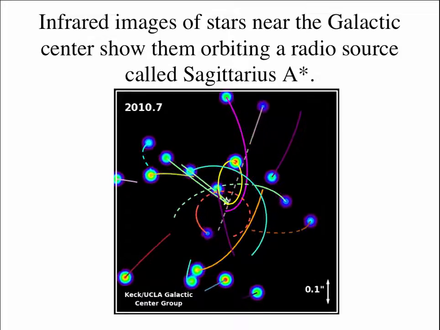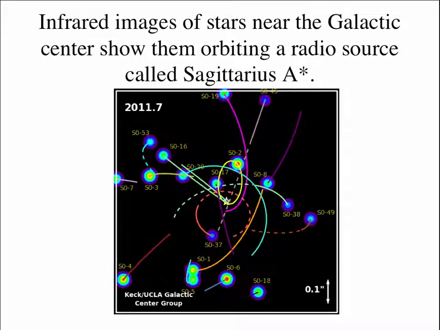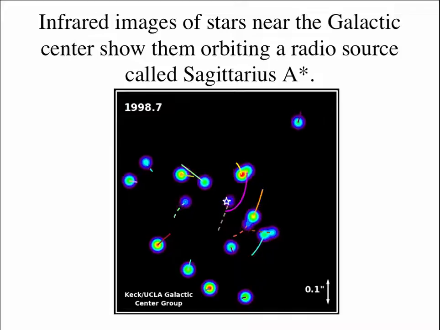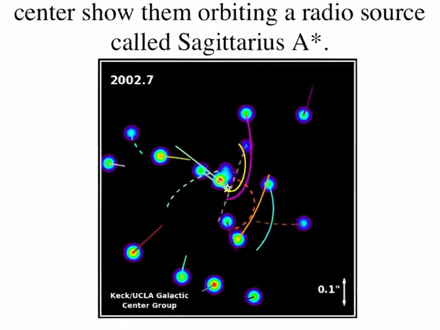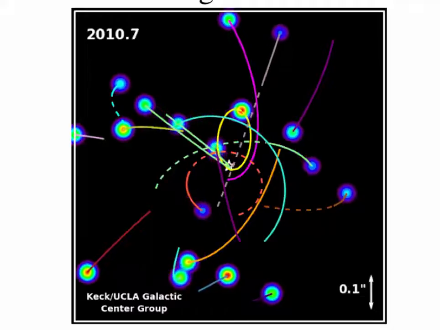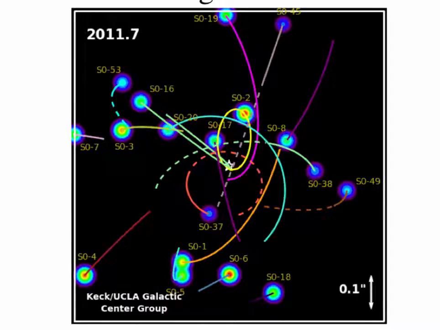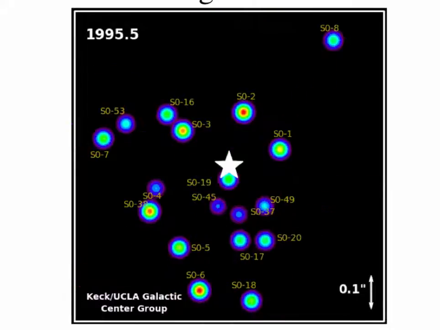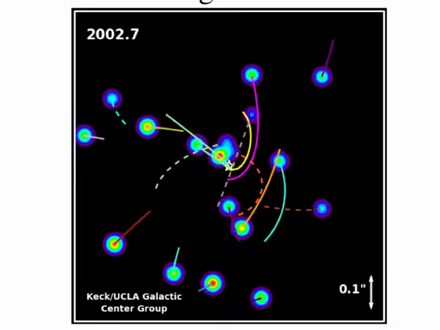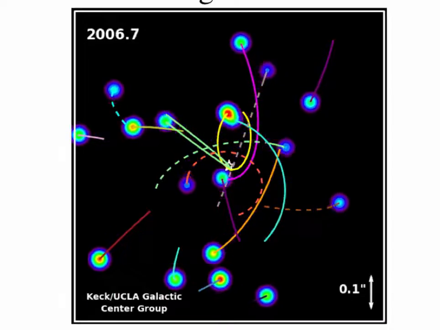We think it's a big black hole, several million times the mass of the Sun, and astronomers have been able to watch stars near this black hole. And this is a movie of these stars taken in infrared light. So the infrared light can reach us from the center of the galaxy. And over about 20 years here, you can see stars actually orbiting the center of the galaxy.